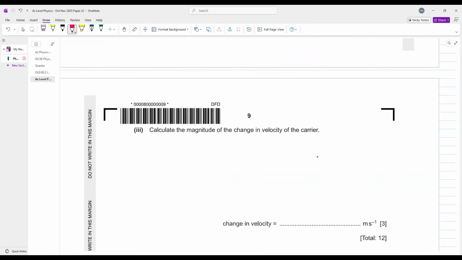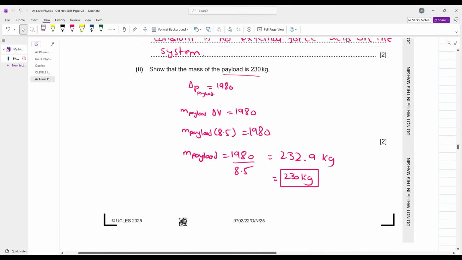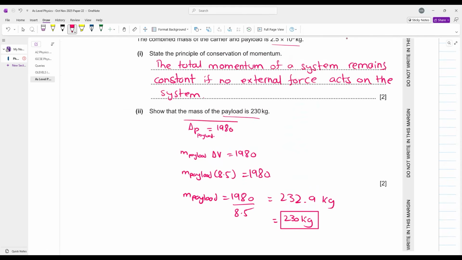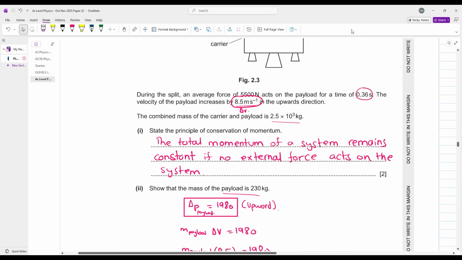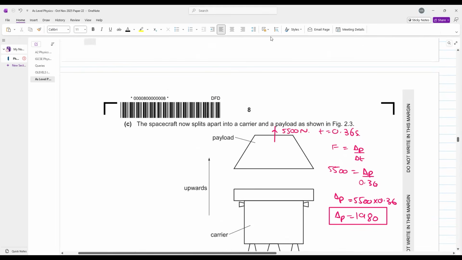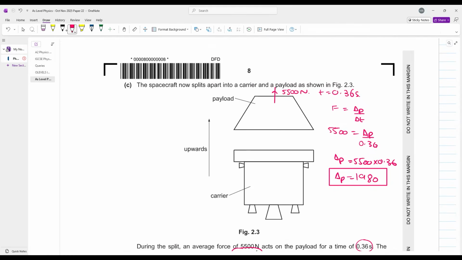Calculate the magnitude of the change in velocity of the carrier. बेटा, आपने कैरियर की चेंज इन वेलोसिटी निकालनी है. हाउ विल यू डू दैट? बहुत इजी है. फर्स्ट ऑफ ऑल आपने स्लोली ग्रेजुअली ये रियलाइज करना है दैट your payload has a change in momentum of 1980 in the upward direction. बेटा, पेलोड का चेंज इन मोमेंटम है ऑफ व्हाट?